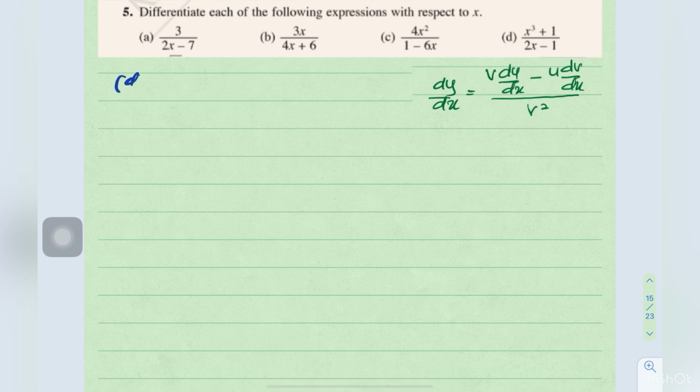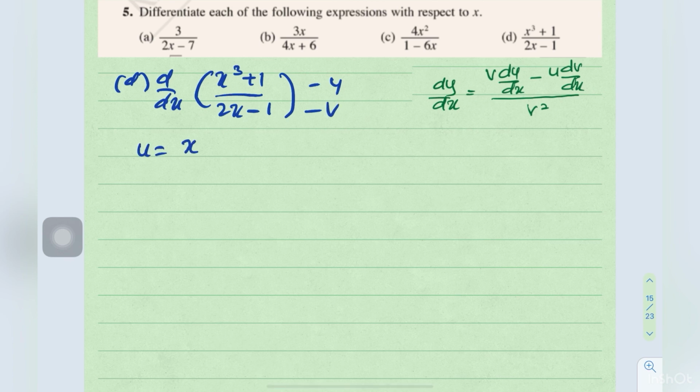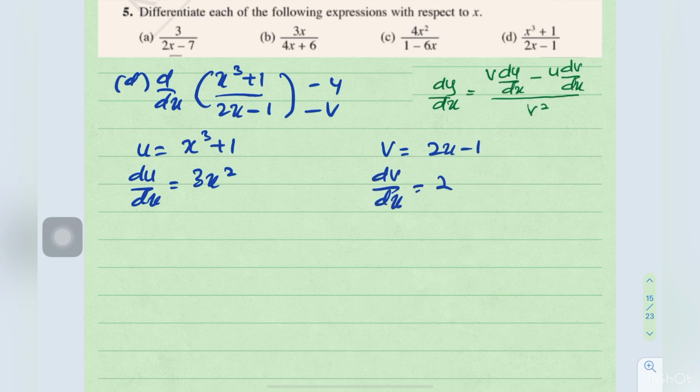Question 5, d/dx of x cubed plus 1 over 2x minus 1. So u is x cubed plus 1, du/dx is 3x squared. v is 2x minus 1, dv/dx is 2.